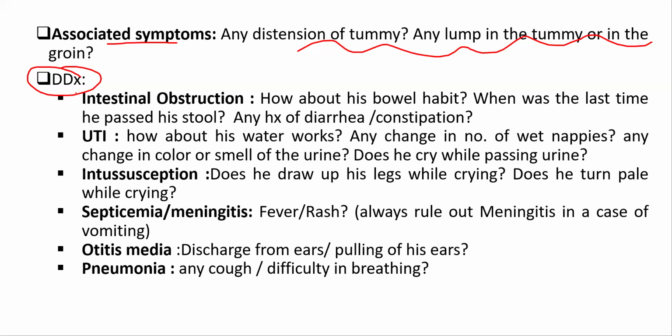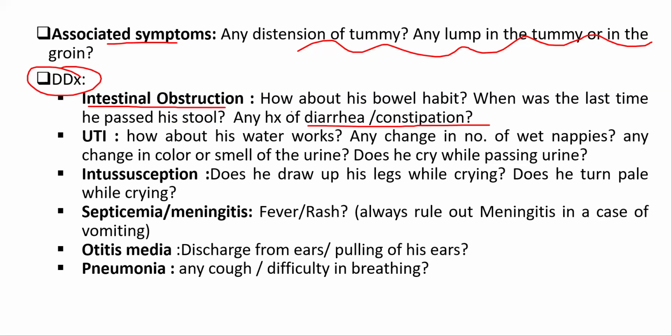In the differential diagnosis of vomiting, I always ask about bowel and bladder first. So ask about the bowel habit. That will give you intestinal obstruction differential diagnosis. How about his bowel habit? When was the last time he opened his bowel? Any history of diarrhea or constipation?